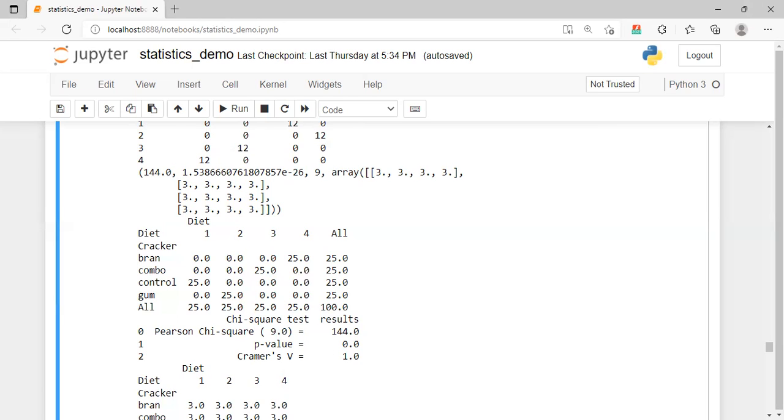measurement. You can say it is a measure of association between two nominal variables. It will give a value between 0 and 1. 0 means no association, and 1 means complete association.